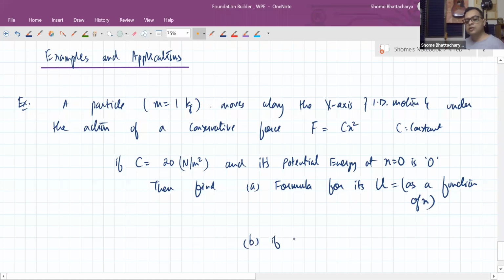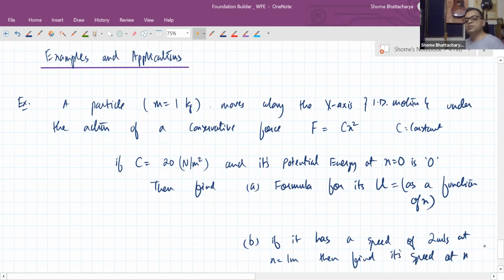and B, if it has a speed of 2 meters per second at x equal to 1 meter, then find its speed at x equal to 0. The particle has a speed of 2 meters per second at x equal to 1 meter.